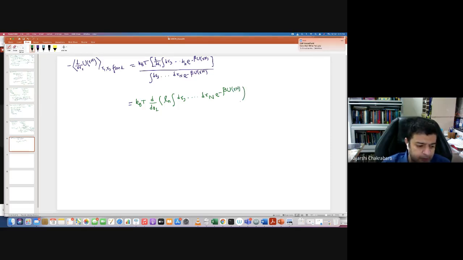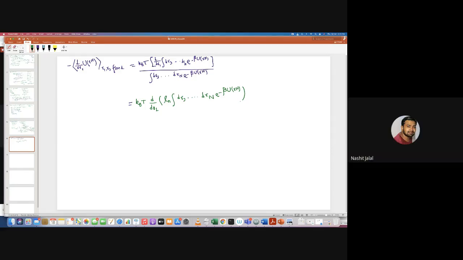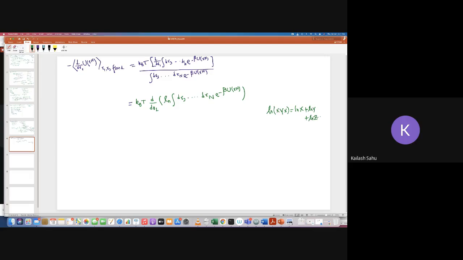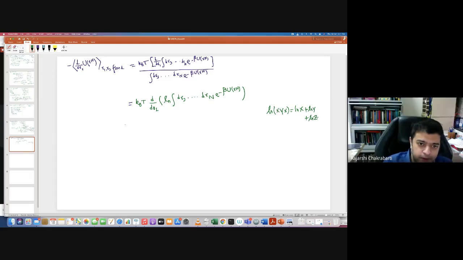This is how it is. Now you know that ln of xyz is ln x plus ln y plus ln z. A stupid thing, but let me do it. Everybody knows, so I'll make use of that.